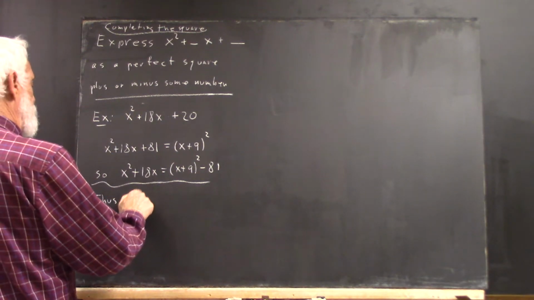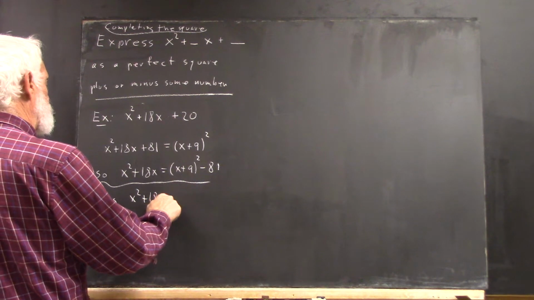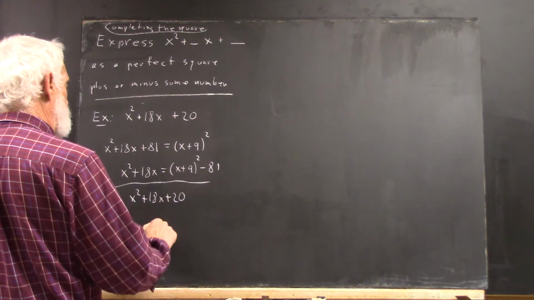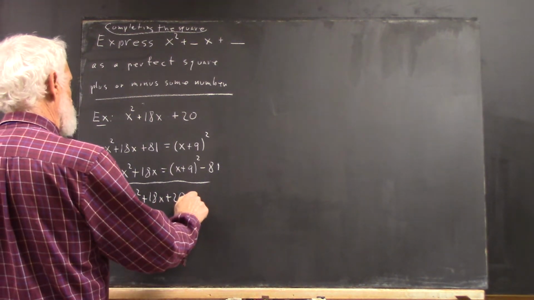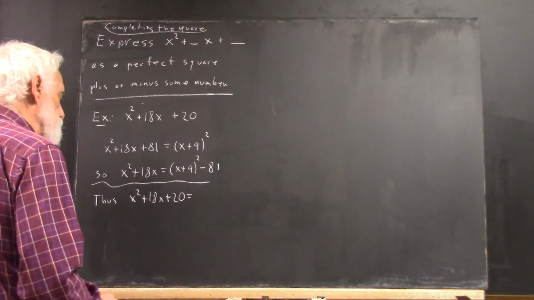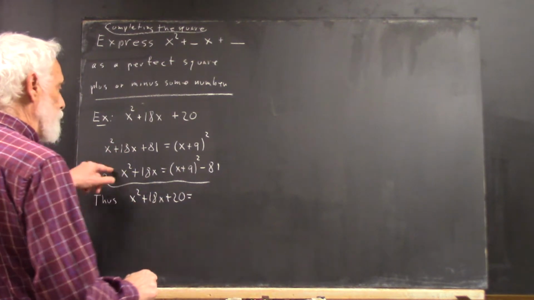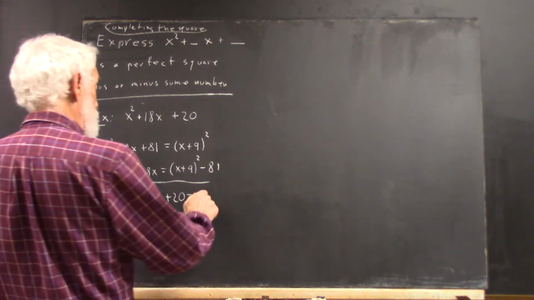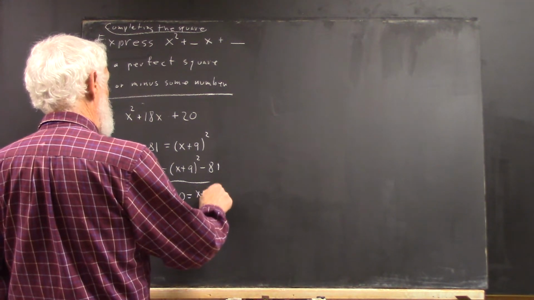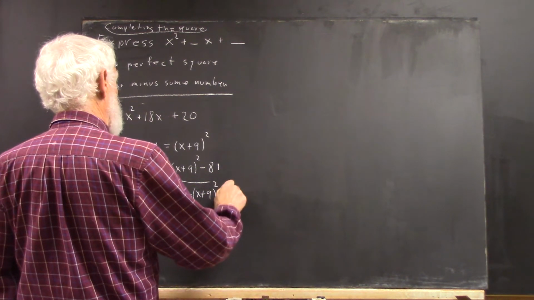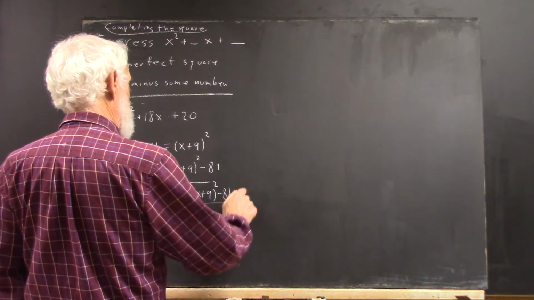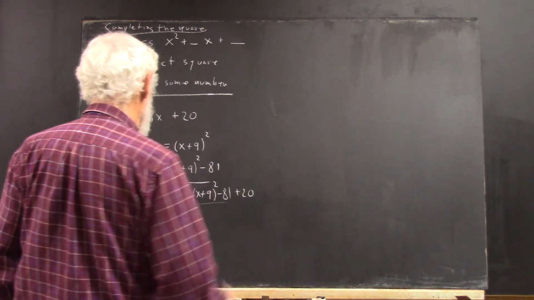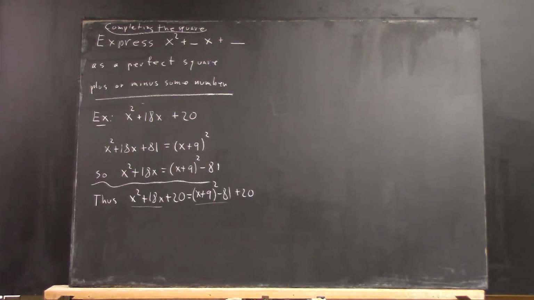Thus, x squared plus 18x plus 20 equals, well, it's x squared plus 18x, which is this. Okay, here's your x squared plus 18x. That's x plus 9 quantity squared minus 81 plus 20.